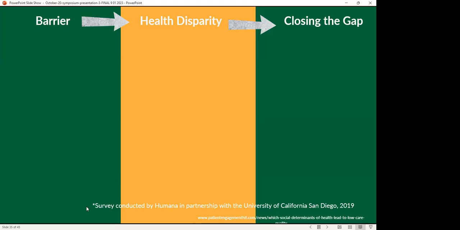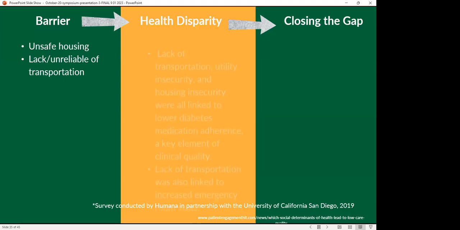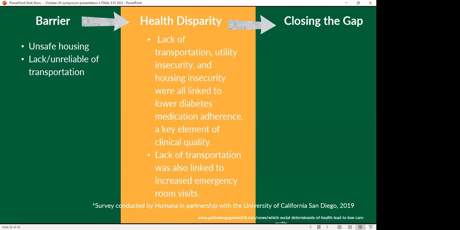So what are some of the things that we can do? So of course, unsafe housing, lack of reliable transportation. These are some of the health disparities: lack of transportation, utility insecurity, housing insecurity, all linked to diabetes medication, taking a key element of clinical quality.